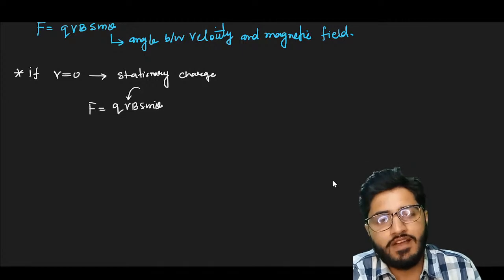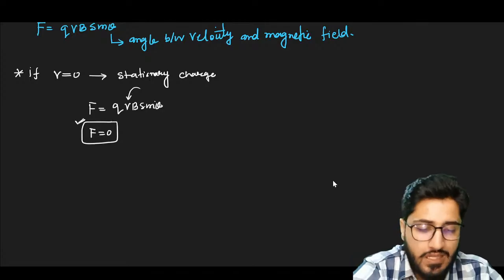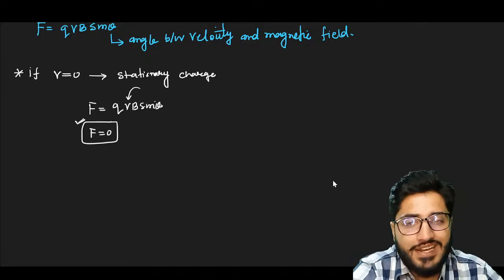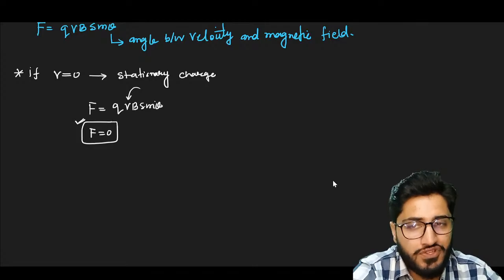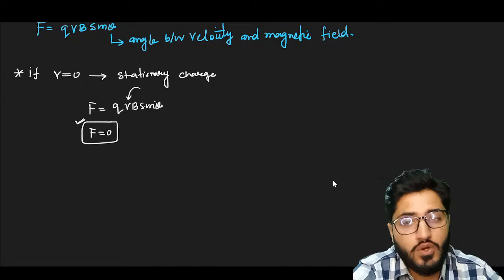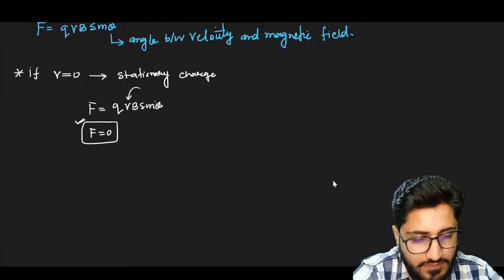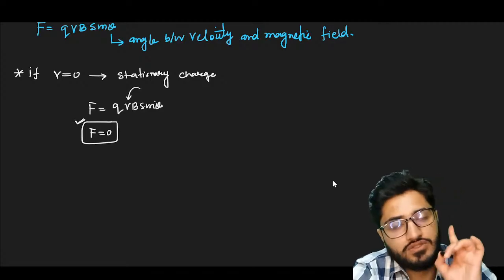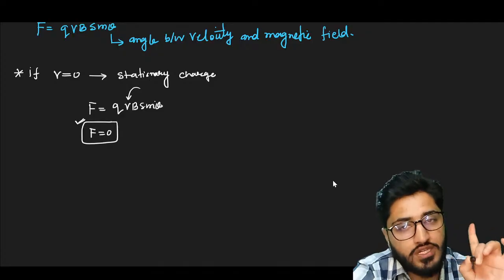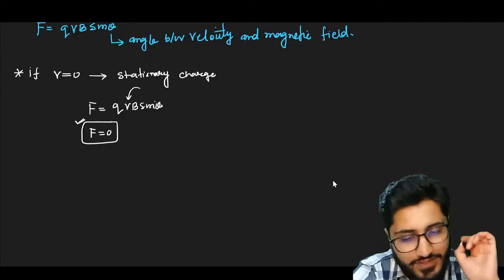Just placing the value of V as 0, my force is 0. By this simple observation, we conclude that if the charged particle is at a stationary position, it doesn't experience any force due to the magnetic field. The charged particle should be in motion to get the magnetic force.